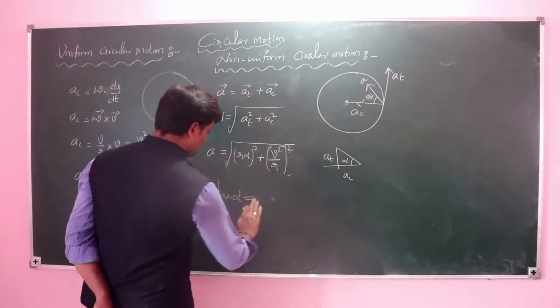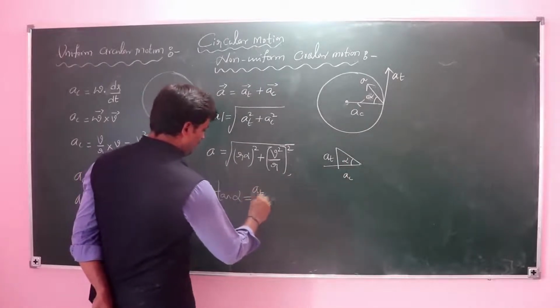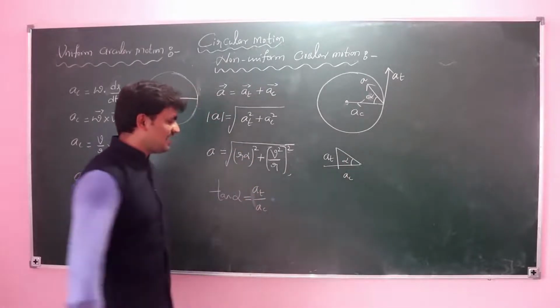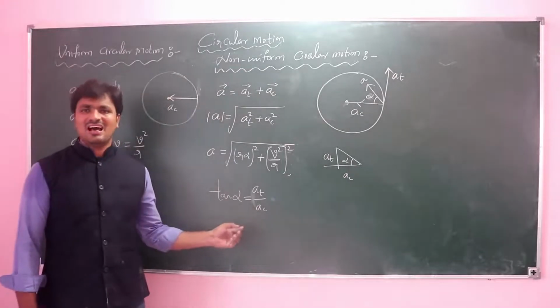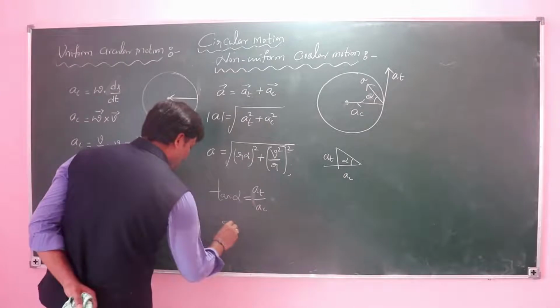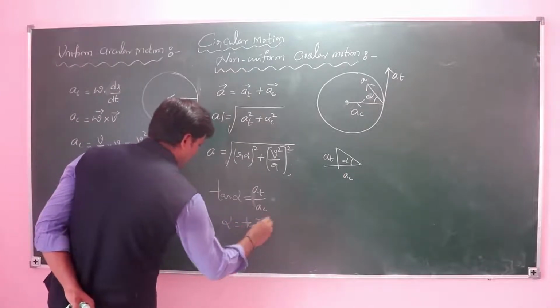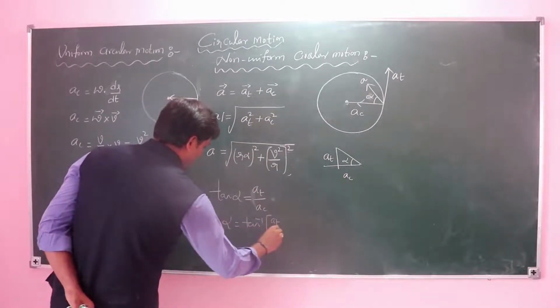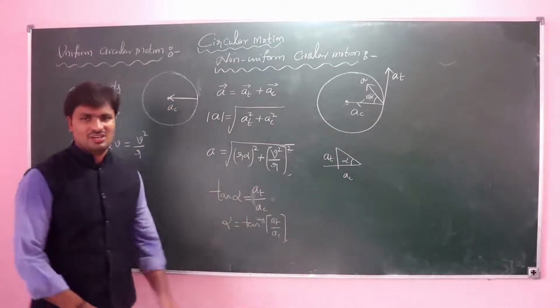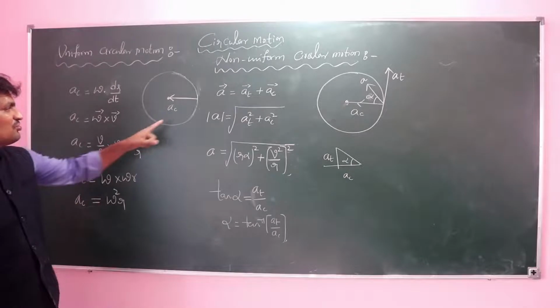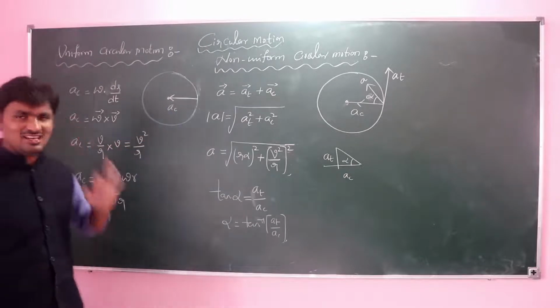So tan alpha is opposite upon adjacent, AT upon AC, tangential acceleration upon centripetal acceleration. Then the direction alpha is equal to tan inverse of AT upon AC. This is only possible in non-uniform circular motion, because in uniform circular motion we have only centripetal acceleration.